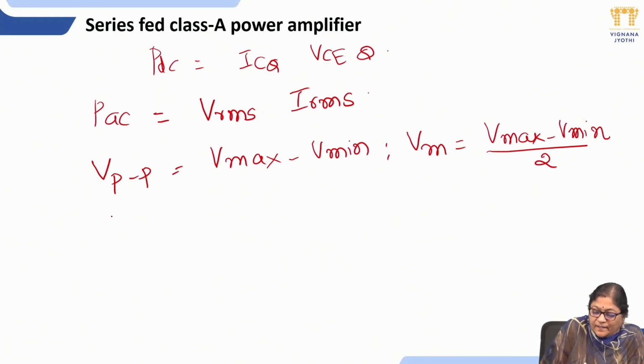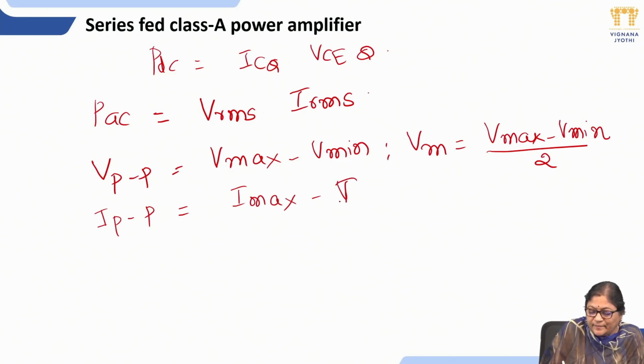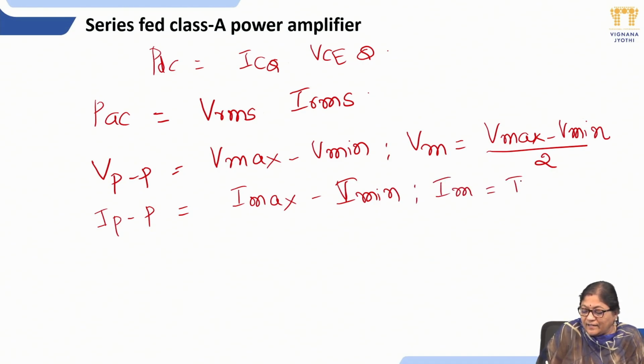From this, I peak to peak I can write on similar grounds as I maximum minus I minimum. So Im, that is one side, is I max minus I min divided by 2.